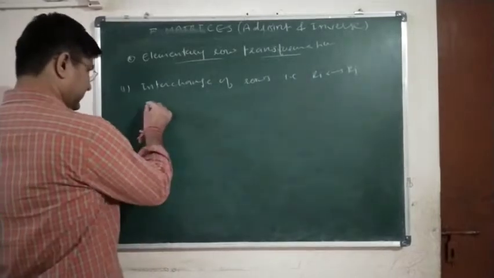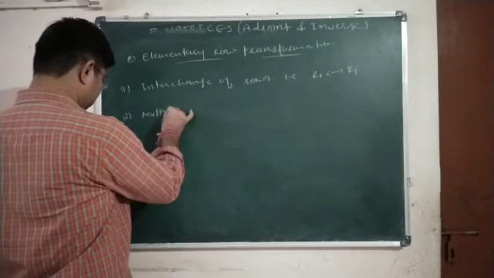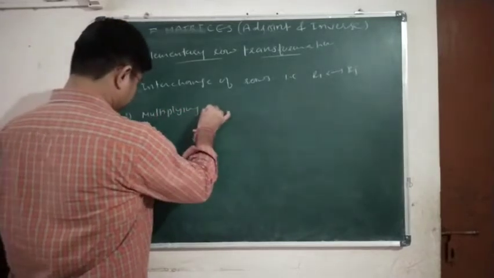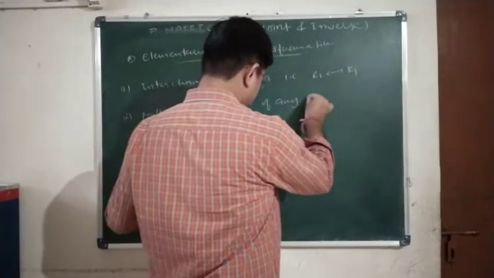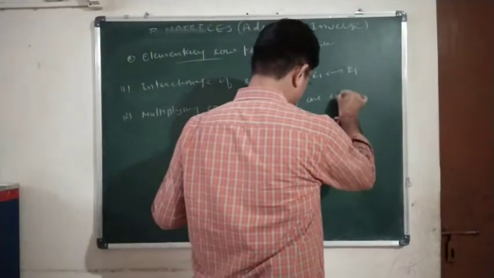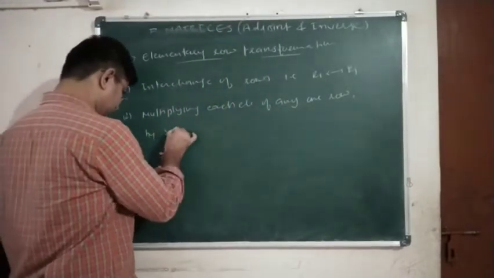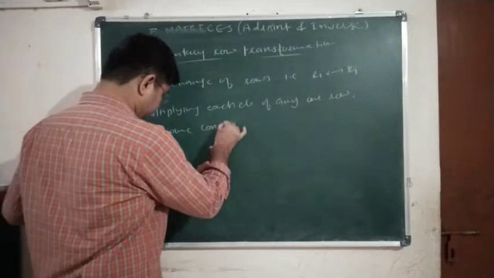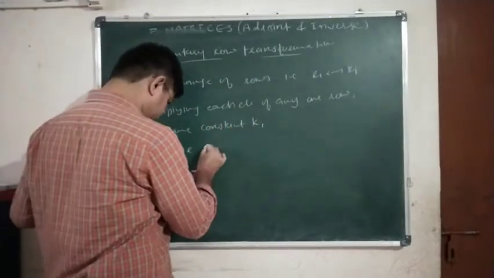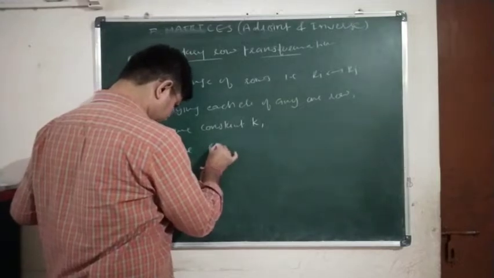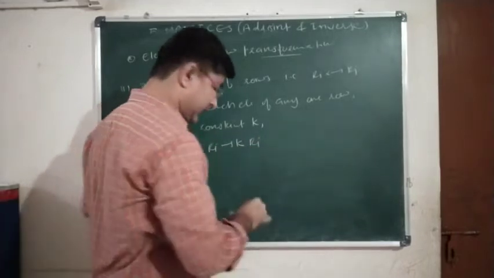Okay. Second one is multiplying each element of any one row by some constant k, that is, for example, on Ri, k into Ri we can write.